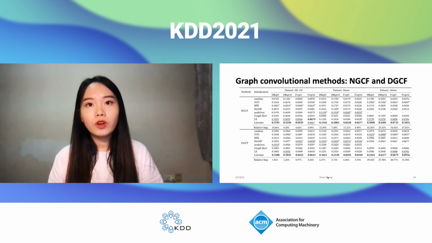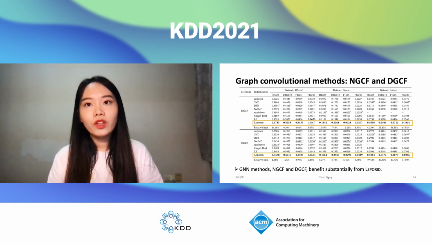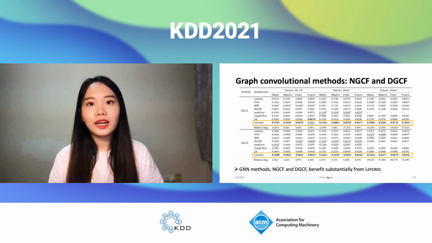Importantly, we also observe that even though the 2 methods are based on GNNs that already utilize graph information, they benefit substantially from Laprid. This suggests that Laprid is complementary to common graph networks.